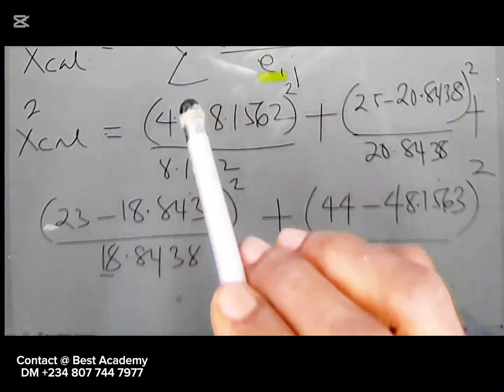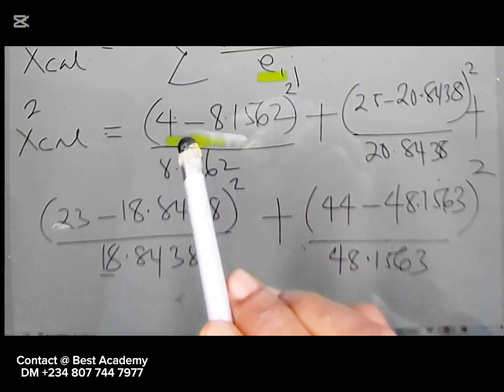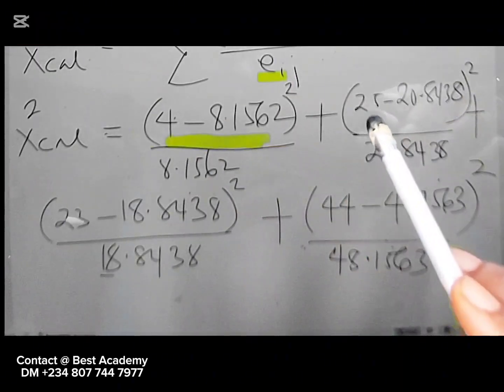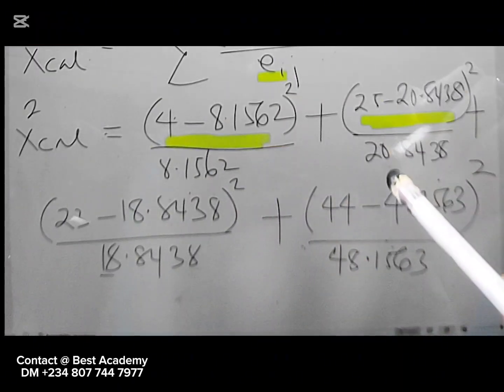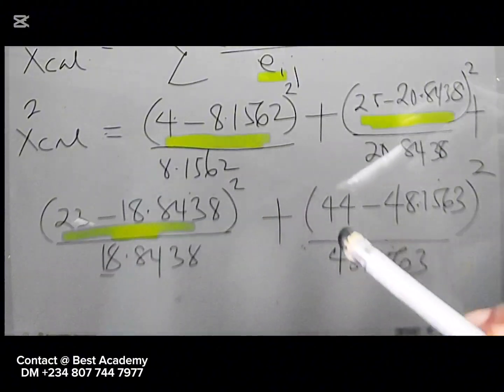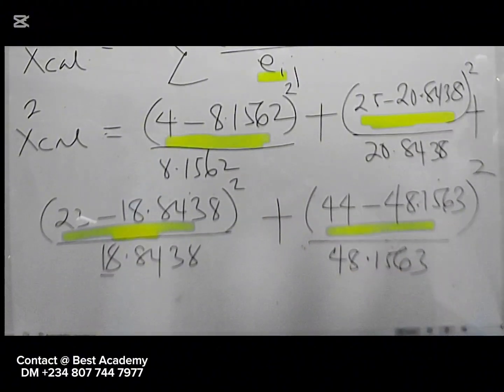Okay, so all you have to do here is to punch your calculator. That is this minus this, you square the value, divide by this, you have the answer. This minus this, you square the value, divide by this, you have the answer. This minus this, square this and divide by this.